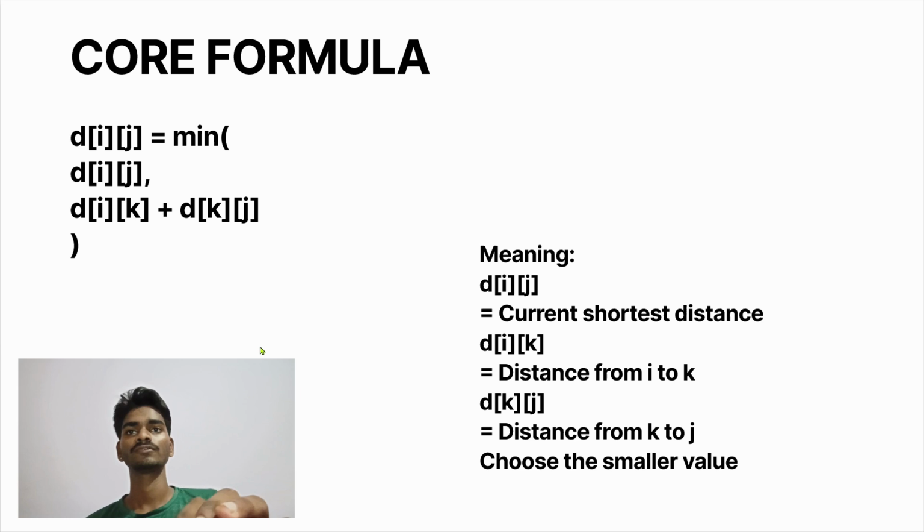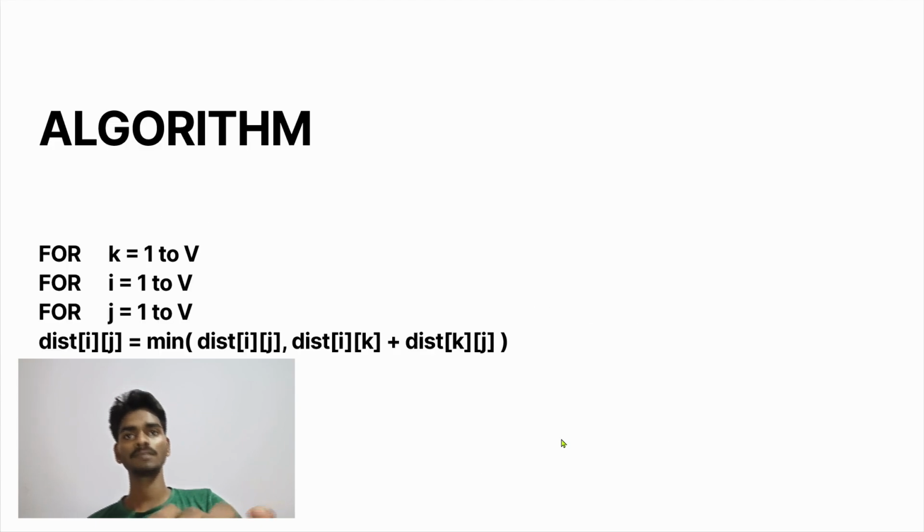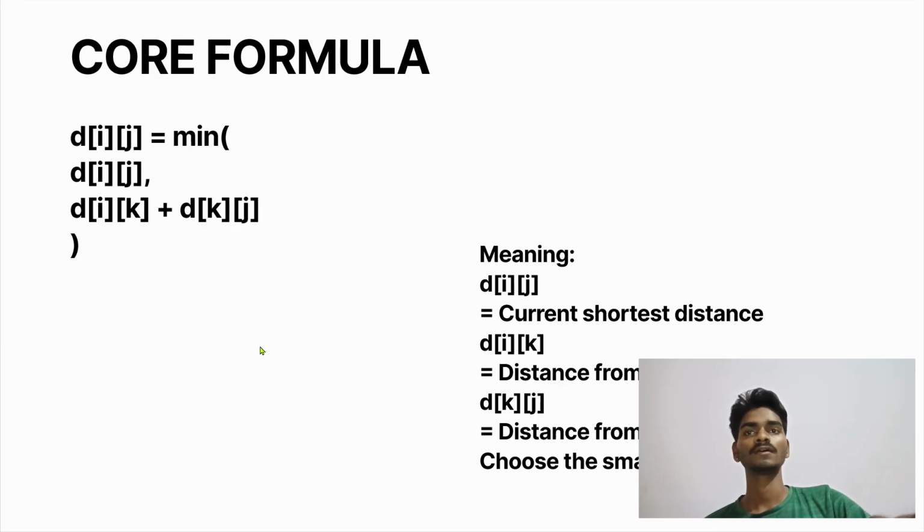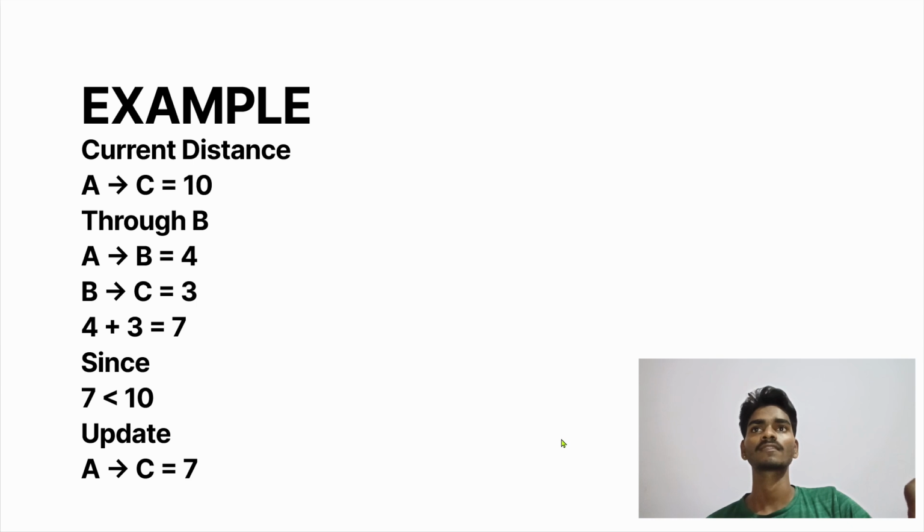As I said before, this is the core formula. I have to choose the minimum between the current shortest distance and the sum of the distance from i to k and the distance from k to j.